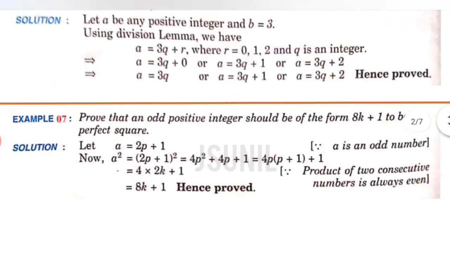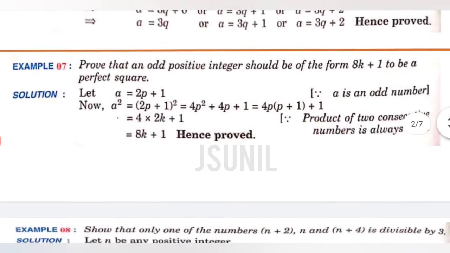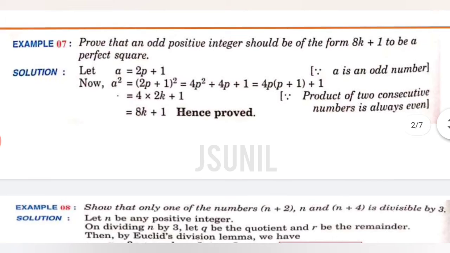Now move to the next question, that is prove that odd positive integer is either of the form 8k plus 1 to be a perfect square. Since it is to be proved a perfect square, let the number a be 2p plus 1.